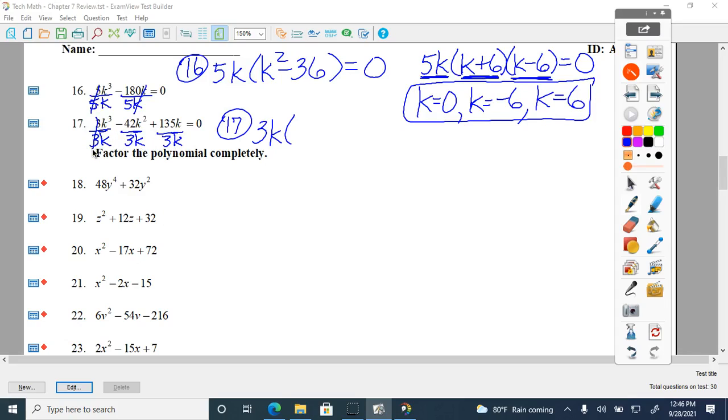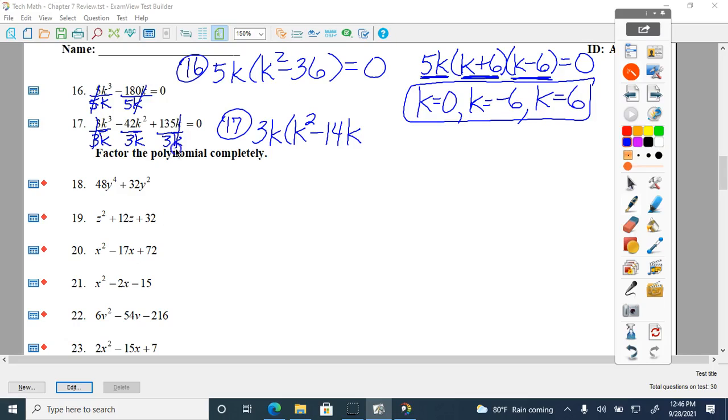So you're left with K squared. K to the third over K is K squared, not K to the third, sorry. All right. Negative 42 K squared divided by 3K. Negative 14. And that would just be K. K squared over K is K, right?